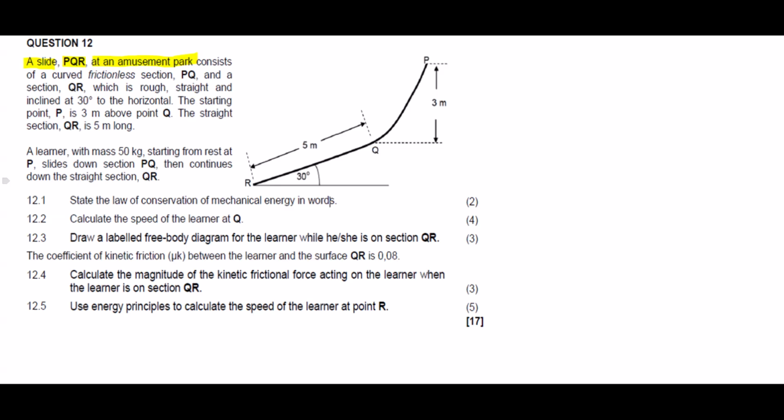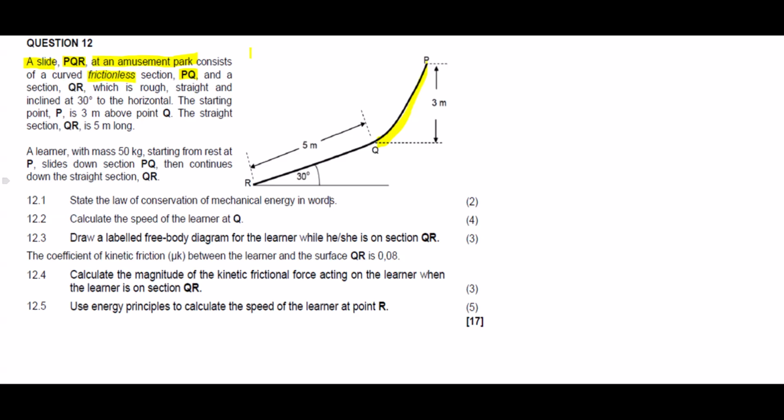There's a section that is said to be frictionless, and I'm going to explain what you should keep in mind when you see that word frictionless. It indicates something. So now let's look at PQ. That's the one that is frictionless. And a section QR is rough.